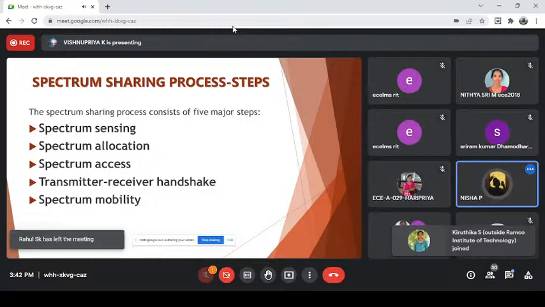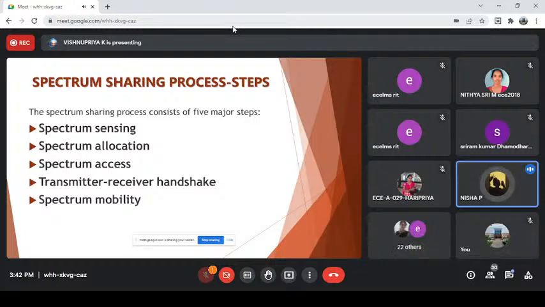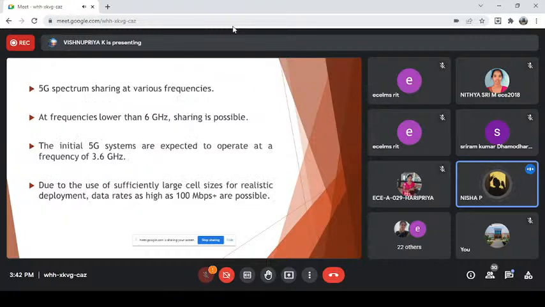Transmitter-receiver handshake. After deciding a portion of the spectrum, the receiver of this communication should also be indicated. Spectrum mobility. If the specific portion of the spectrum is needed by a licensed user, the communication needs to be continued in another vacant portion. 5G spectrum sharing at various frequencies.